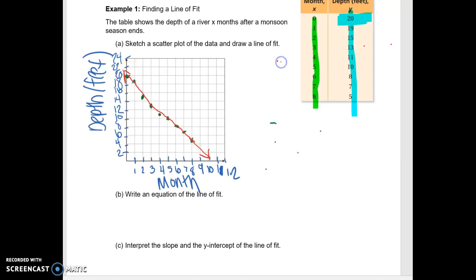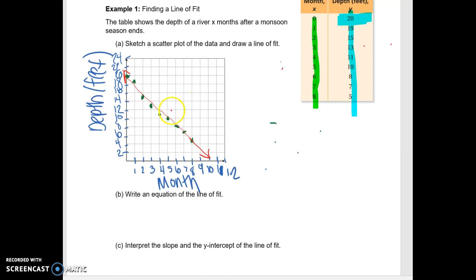When you draw a line of fit, go ahead and use a ruler. Okay, one more time. Okay. So there's my line of fit. I can't use a ruler on here, so just do your best.